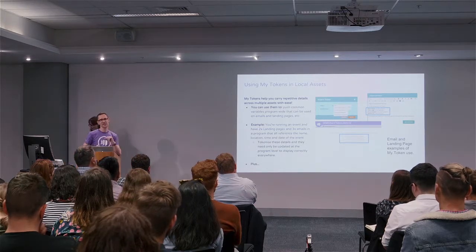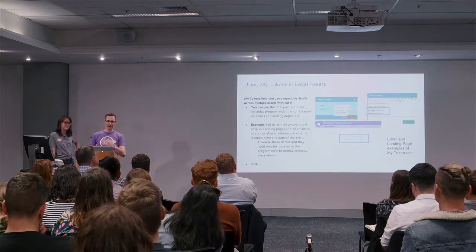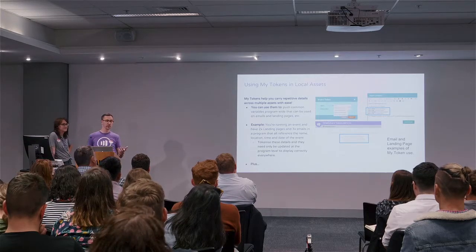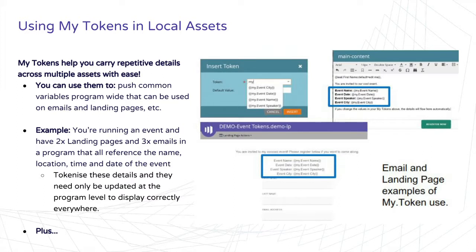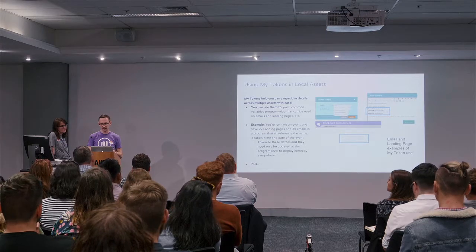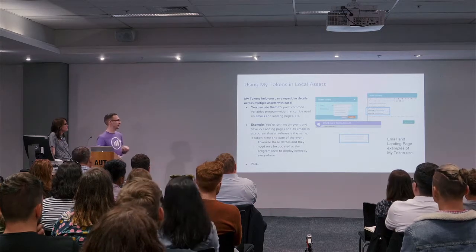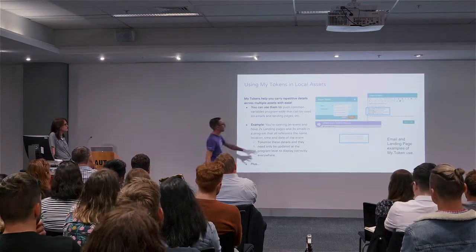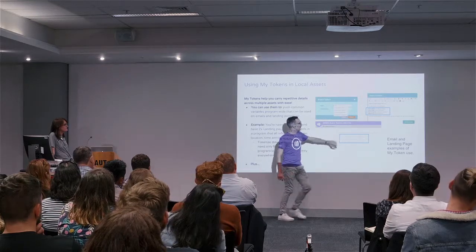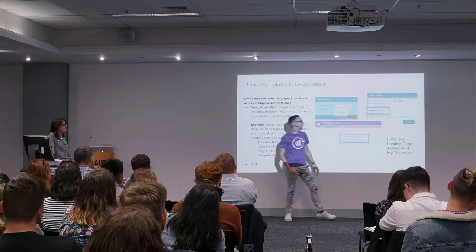Cool. So those same program tokens or even folder tokens, you can use them within any of your local assets. So any of your emails, any of your landing pages, anywhere you want to use them. Essentially, as we've written down here, just to push those variables through into those assets. You can see, it might be a little bit hard to see over here, but what we've got are landing page tokens over here and the email tokens that are over here.